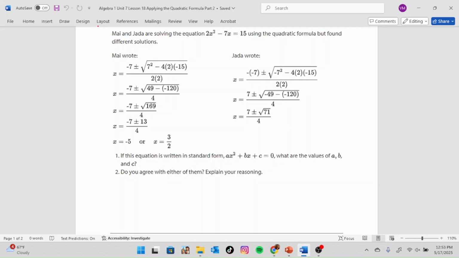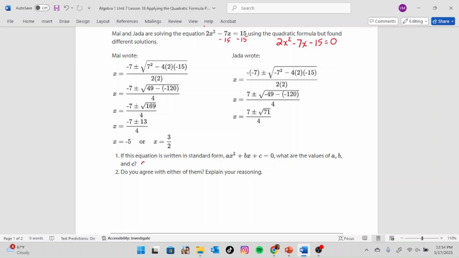In order to set it equal to 0, we would need to move this 15 to the left side. The opposite of positive 15 is negative 15. So we're going to subtract 15 from both sides. Now when we write it, we would have 2x squared minus 7x minus 15 equals 0.